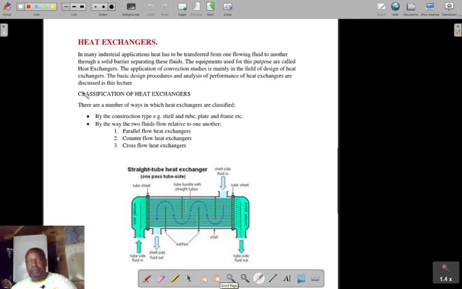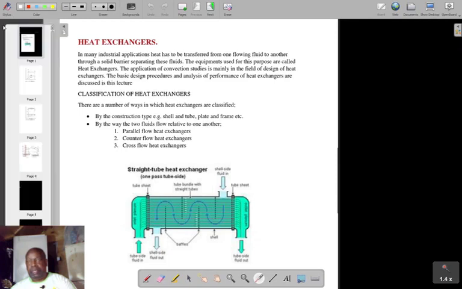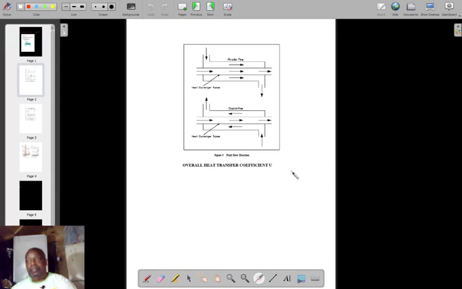Now, bearing that in mind, let us have a look at what a parallel flow heat exchanger and a counterflow heat exchanger are about. So we have an example there of a parallel flow heat exchanger and a counterflow heat exchanger.